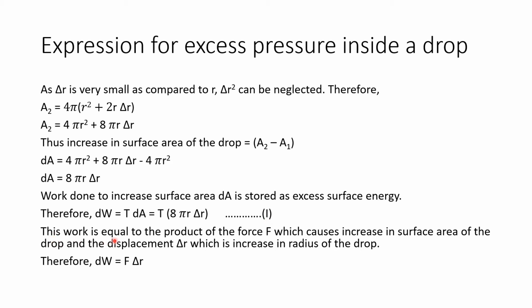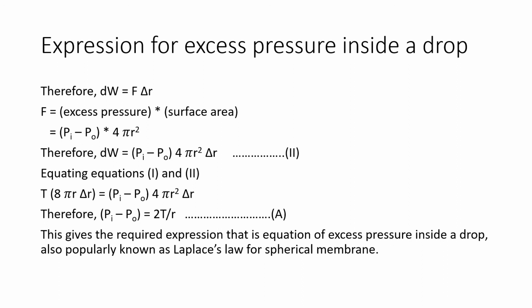Now this work done is also equal to the product of the force F, which is responsible for increase in surface area of the drop, and the displacement delta R, which increases the radius of the drop, and therefore we can write the work as dW is equal to F into delta R. Therefore F is what?